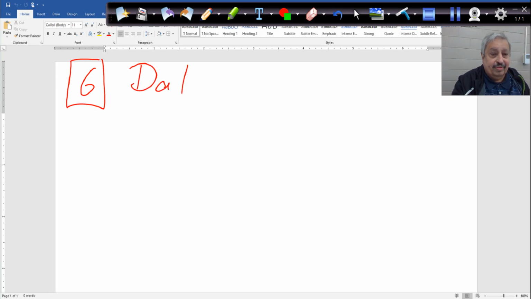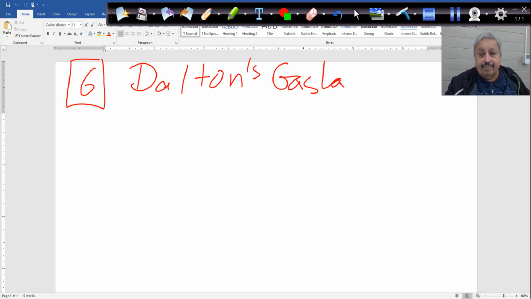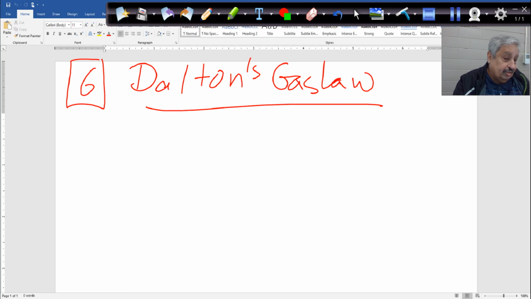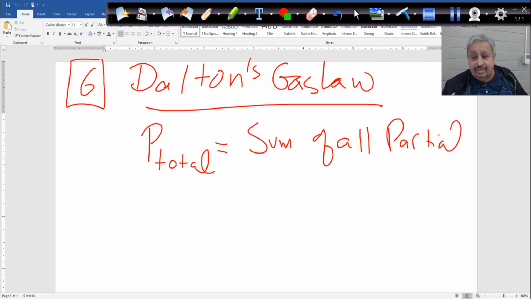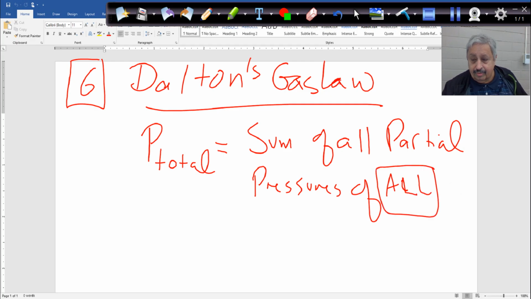Dalton's gas law. Well, Dalton's will tell us that the total outside pressure, so the P total, equals the sum of all partial pressures of gases in a container.